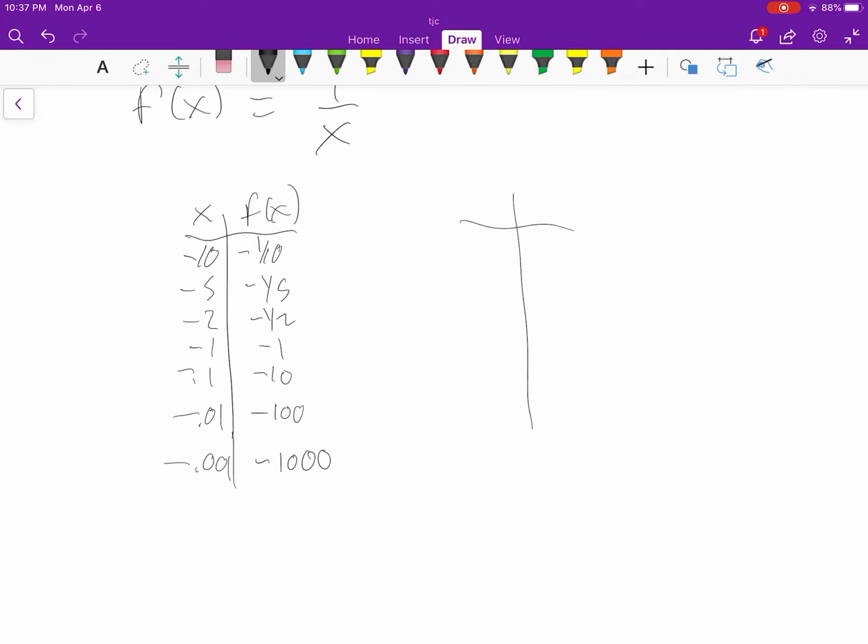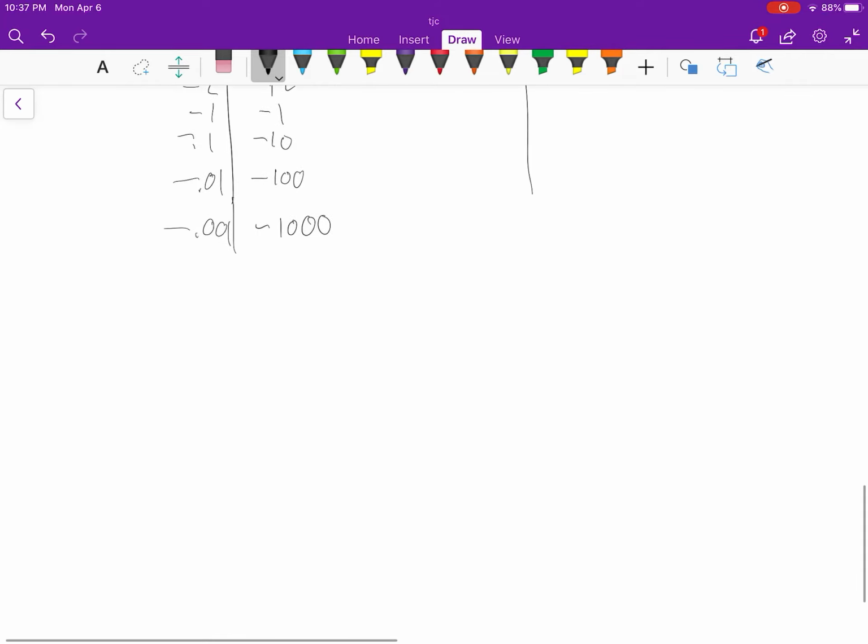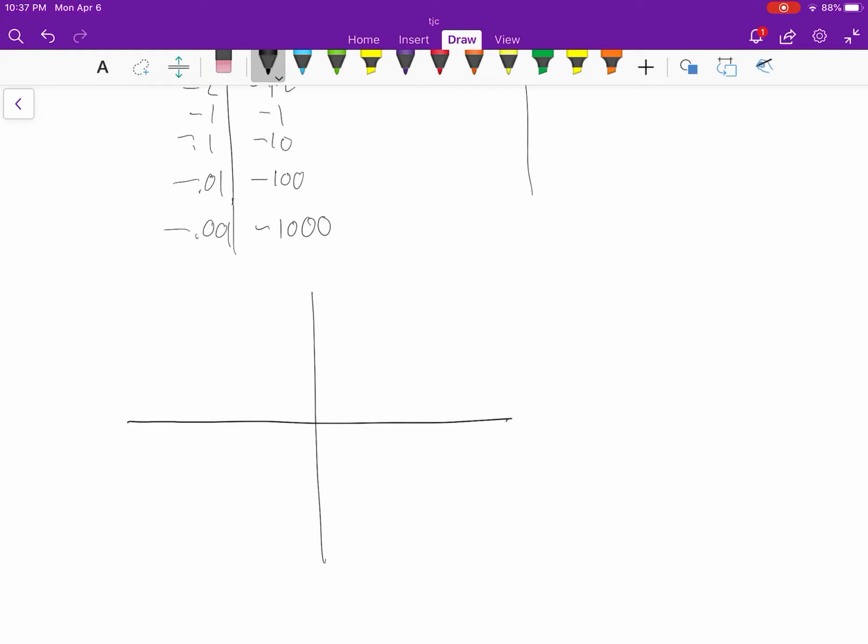So if we were to graph this from the negative side, let me try to draw as straight a line as I can here. There we go. What we have here is that as you're going off to negative infinity, you're approaching 0, okay?